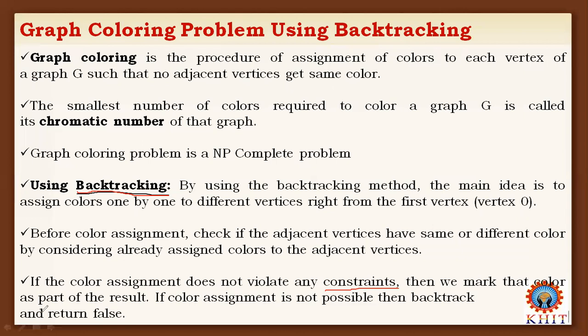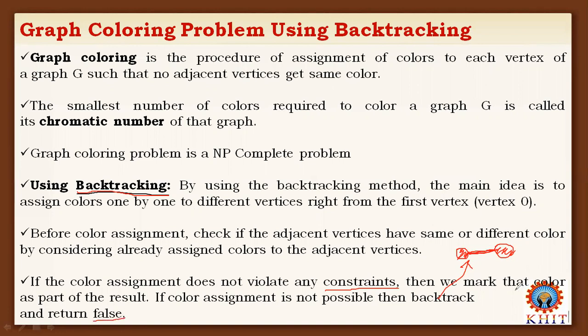That means if any two adjacent vertices of the given graph are colored with the same color, in this scenario, you simply apply the backtracking technique for those adjacent vertices. When you apply backtracking, it will return the false condition.